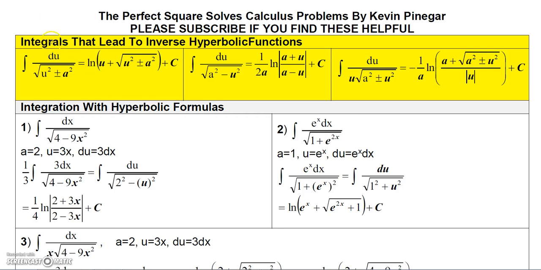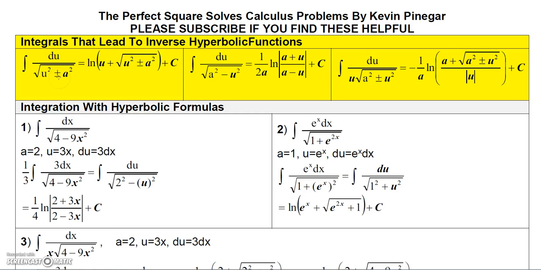So you'll see that these formulas here, like the first formula here says if you integrate du over the square root of u squared plus or minus a squared, then that would equal natural log of u plus the square root of u squared plus or minus a squared. So if this formula had the plus in it, then the result would have the plus in it.